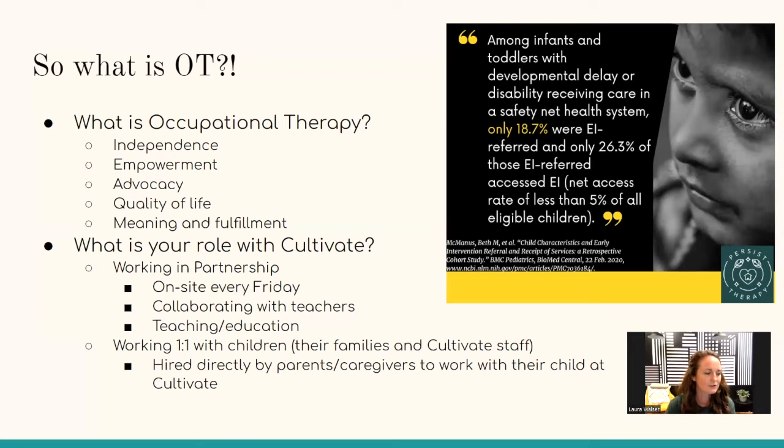I want to take time to really emphasize how important it is for early educators like yourself and occupational therapists to partner. I think that a lot of times children are getting missed, and this quote that we'll read actually will speak to that a little bit as well, but children in early intervention are getting missed.